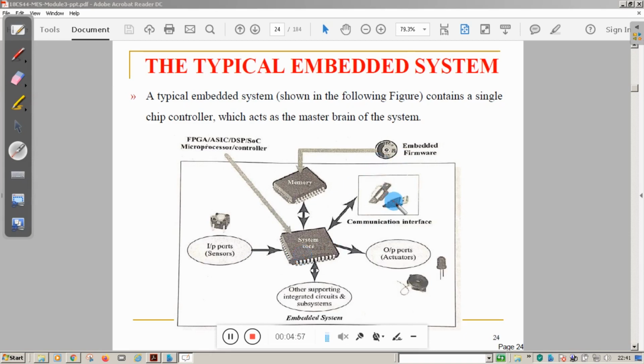So how can my embedded system core communicate with the external world? By means of a communication interface.